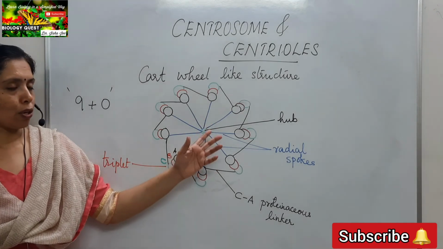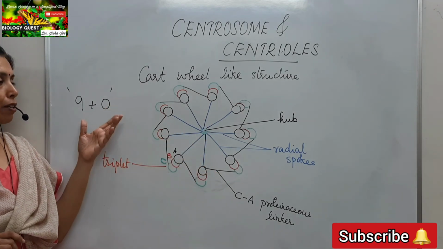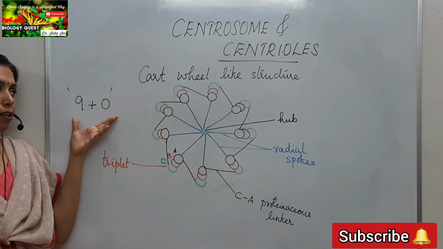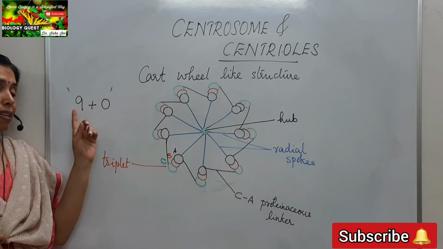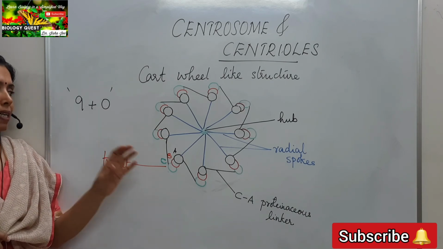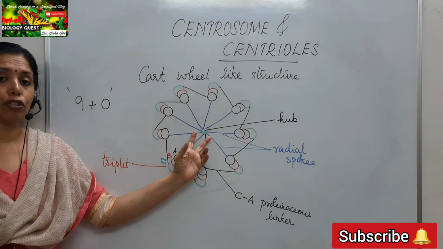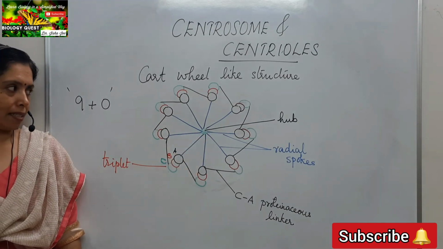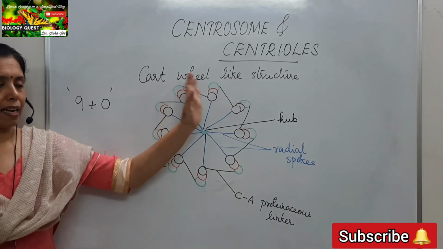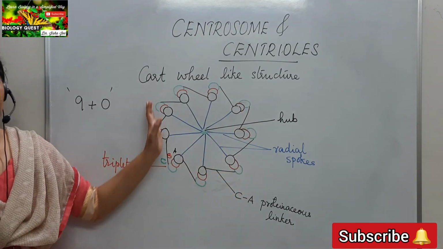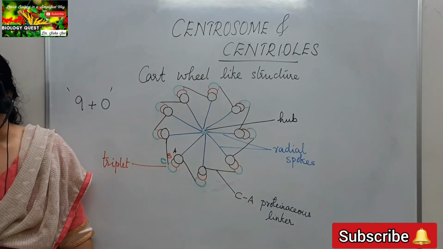The arrangement of microtubules in centrioles is the 9+0 arrangement, because there are no microtubules present at the center.